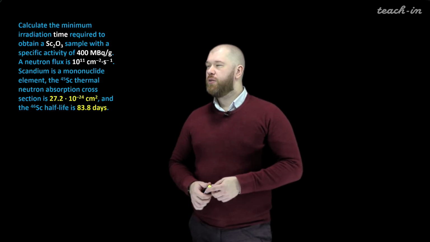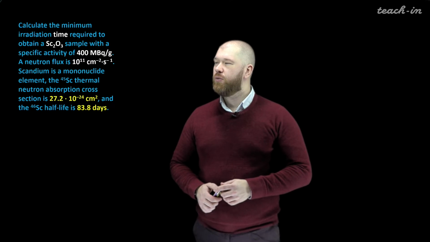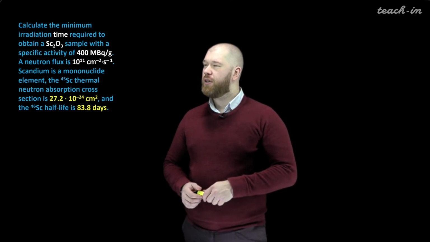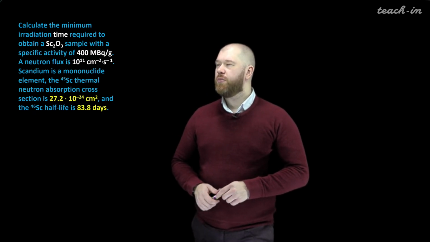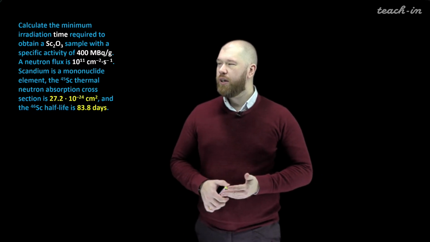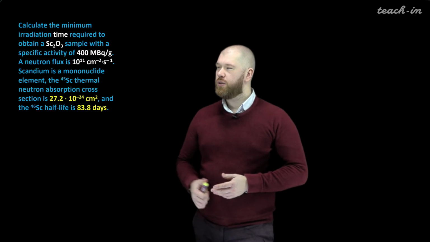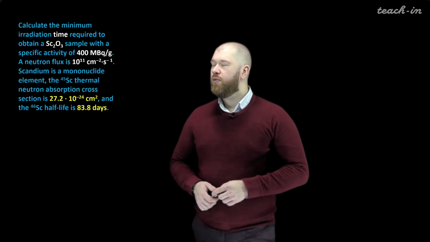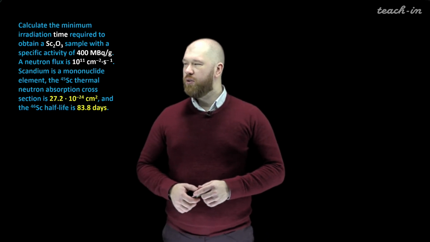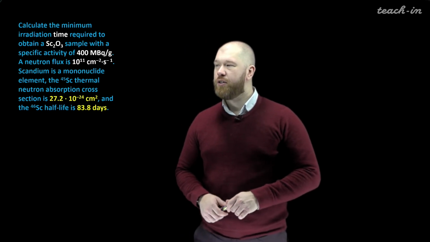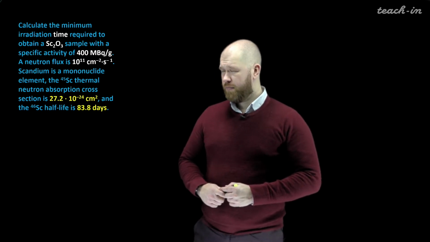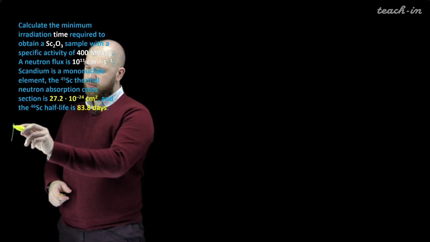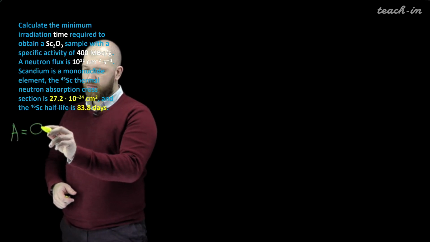We have a source of neutrons with a flux of 10 to 11 neutrons per square centimeter per second, and there is information that scandium is a mononuclide element, and there is a cross-section for neutron reactions, and we know the half-life for the scandium that is produced due to the neutron activation. In this case, we will use the almost full equation.